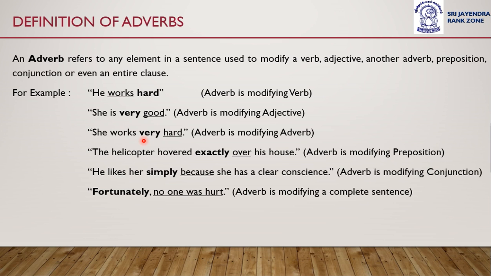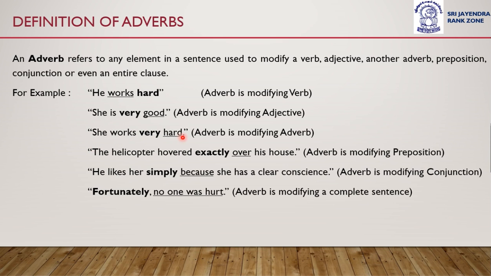Therefore, we have added adverb in front of adverb hard. So she works very hard. Very is also an adverb, hard is also an adverb. So in this sentence, adverb is modifying adverb. Like in previous sentences, adverbs were modifying adjective or verb, but in this sentence, adverb is modifying adverb only.